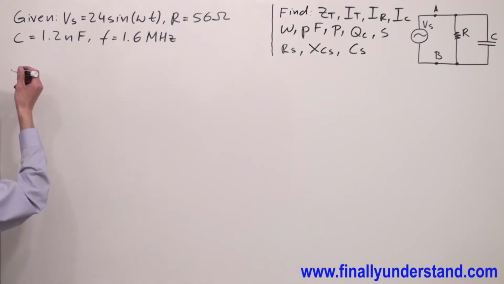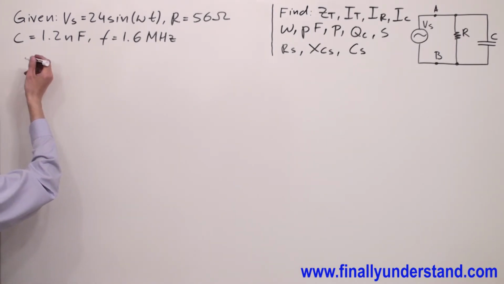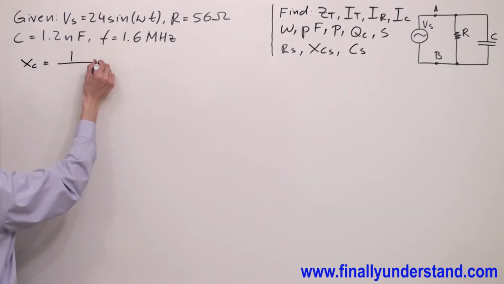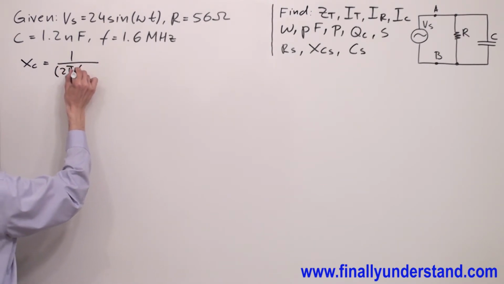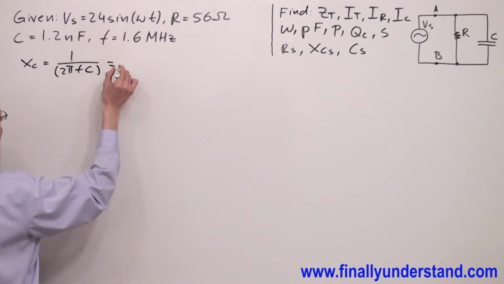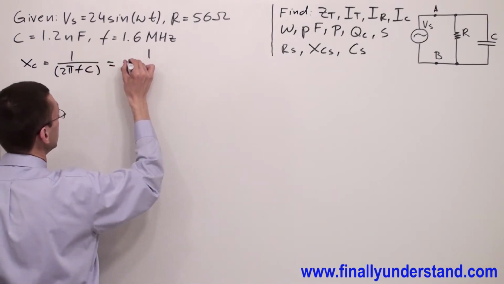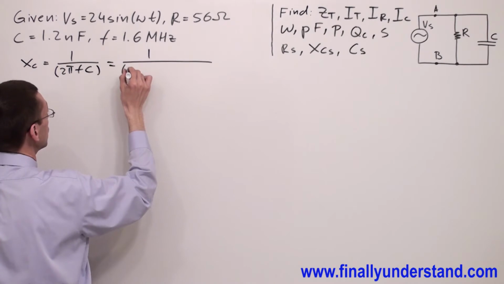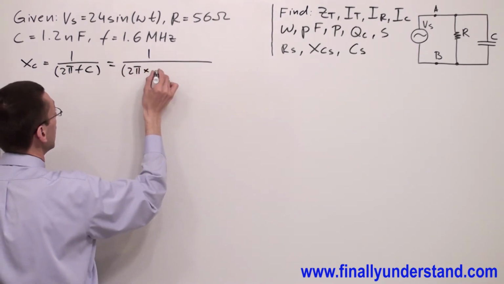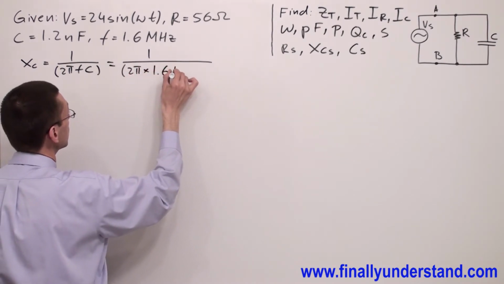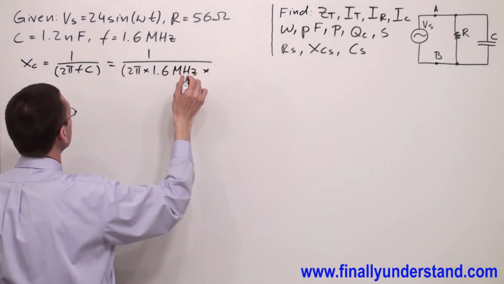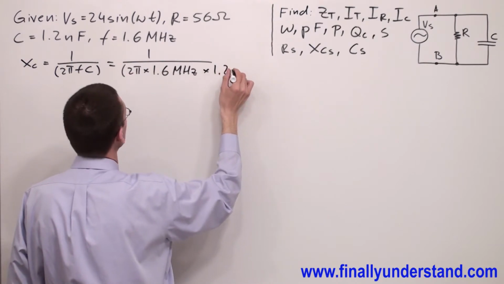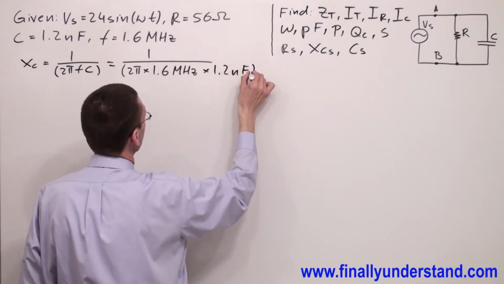So let's write the formula first for capacitive reactance. I have X of C is equal to 1 over, and because I have given frequency, you're supposed to write 2 pi Fc, which is equal to 1 divided by, open parenthesis, 2 pi times 1.6 megahertz times the capacitance 1.2 nanofarads.